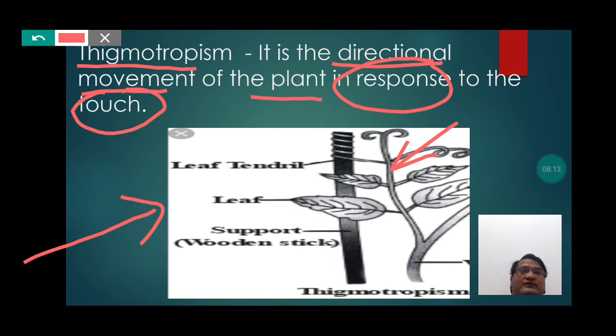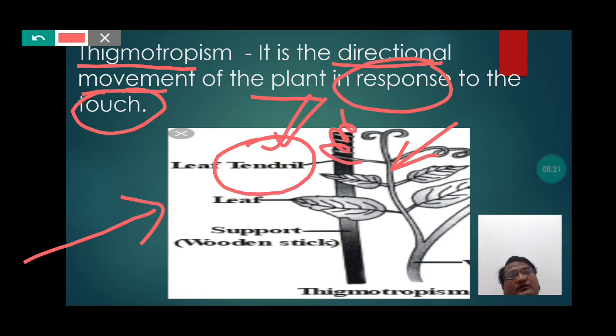As a result, there is a development of a tendril which is coiling around the contact or touch. So the movement of the plant part, that is the tendril, towards the contact or support is called thigmotropism.